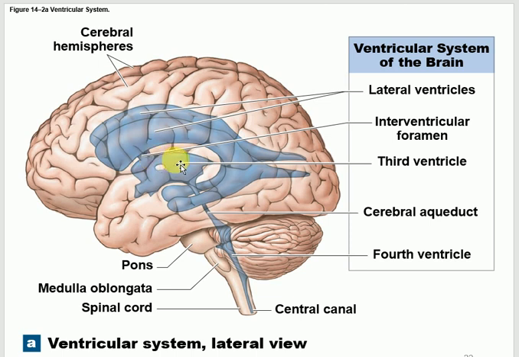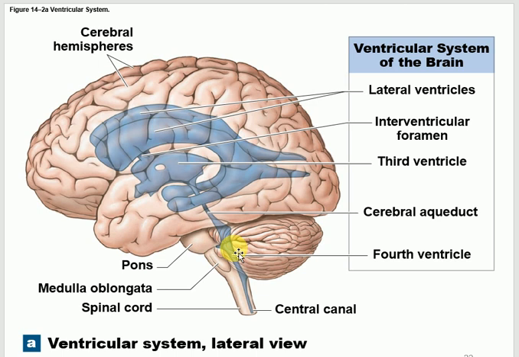So moving to the third, does the third make its own CSF as well? Yes, it will add its own CSF. And from the third it goes to the fourth through a duct called the cerebral aqueduct.